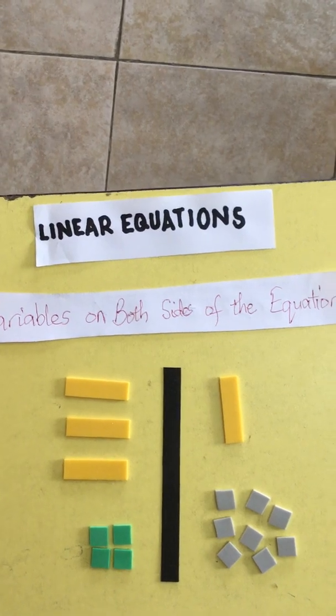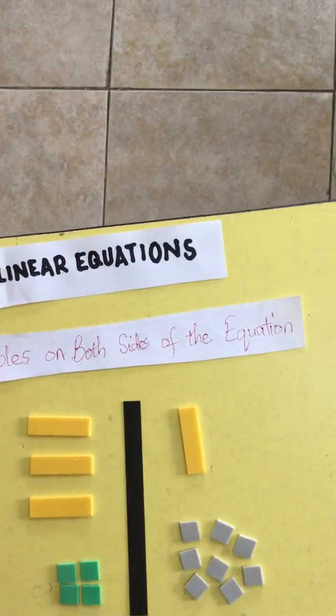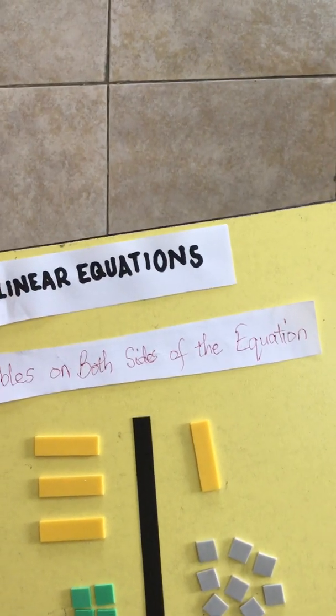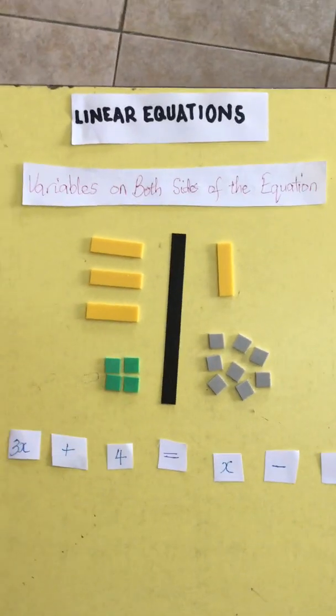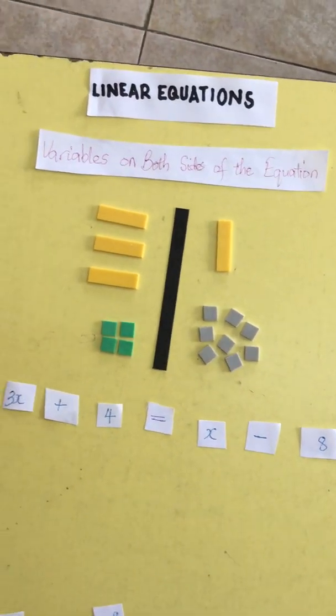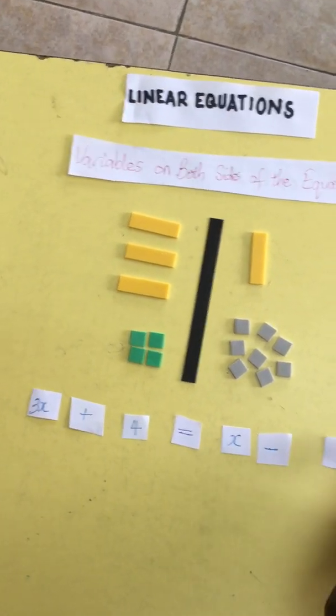So what we have here is actually x, and then we have the minus 8. So compare it with what you wrote and see if you wrote the same thing.